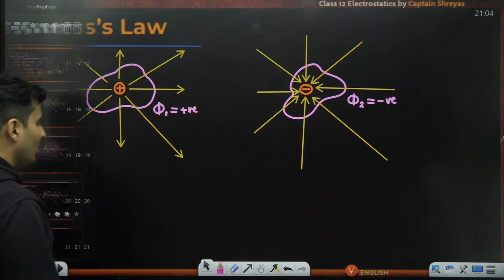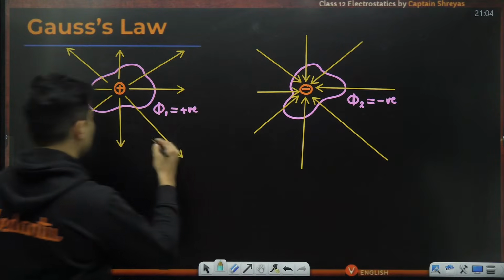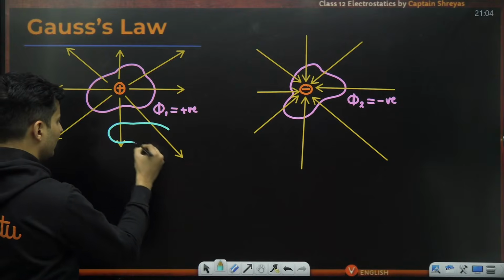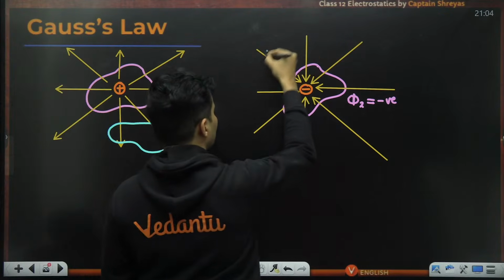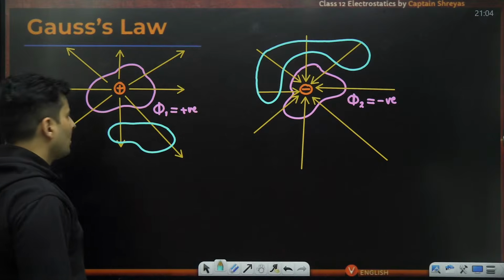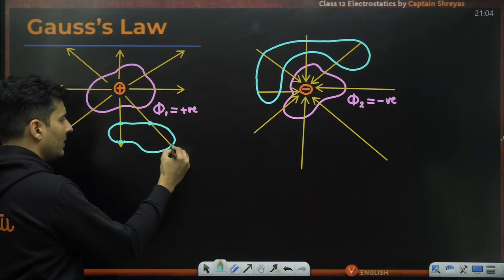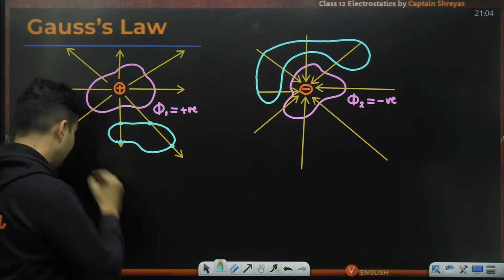Another interesting concept over here. If by chance somebody chooses some closed surface like this over here, whatever flux goes in is also coming out. Going in is coming out.